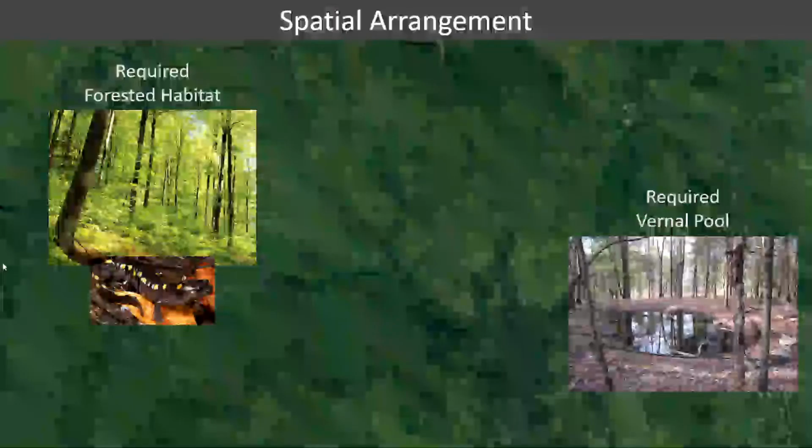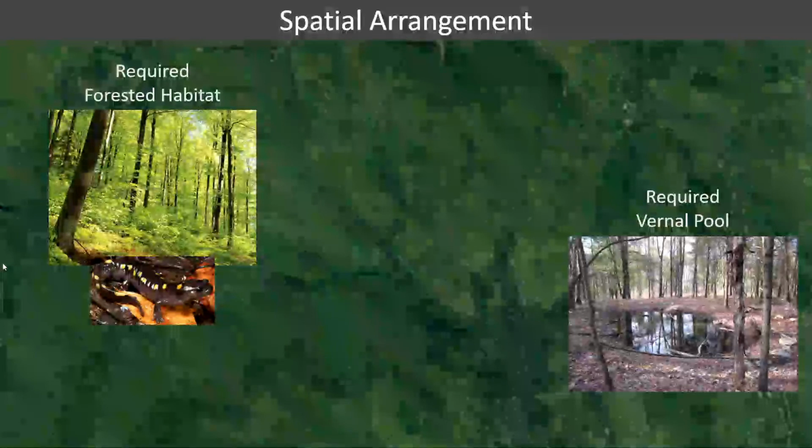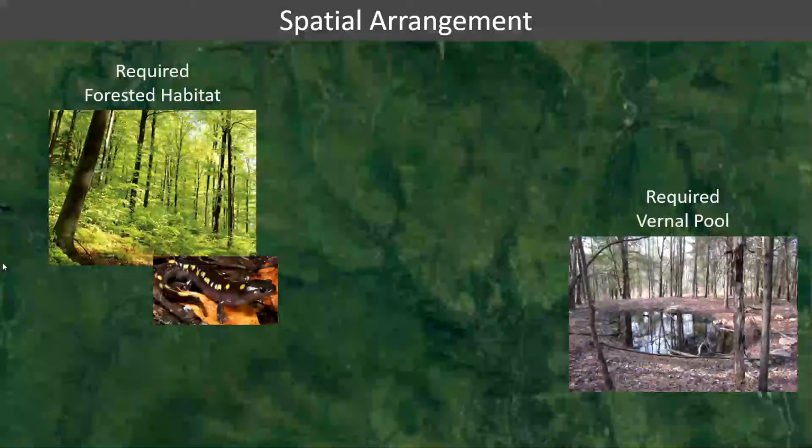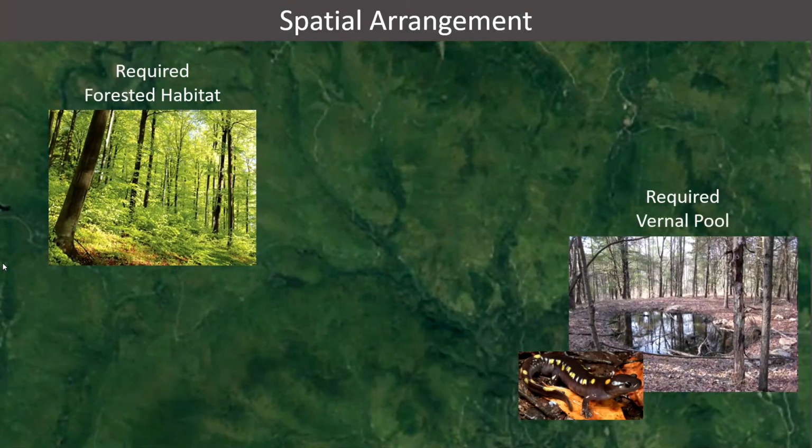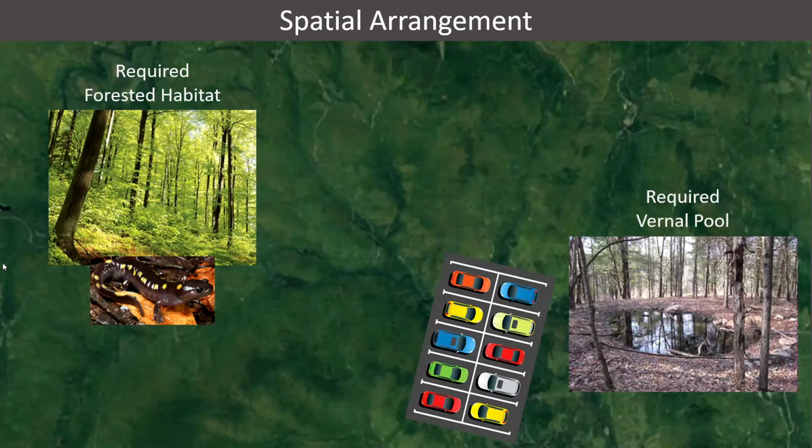Many wildlife species require more than one habitat to meet their daily or seasonal requirements, so how different habitats are arranged across a landscape is important. For example, we've learned that spotted salamanders spend most of their time in the forest, but in spring, they require wetlands such as vernal pools for breeding, and they may travel over 300 yards to get to a vernal pool.